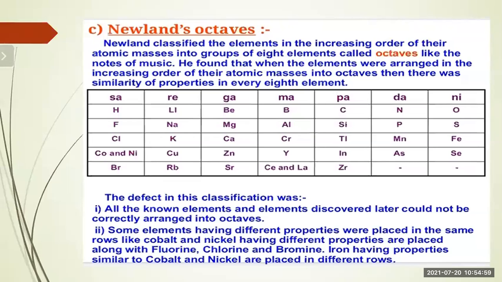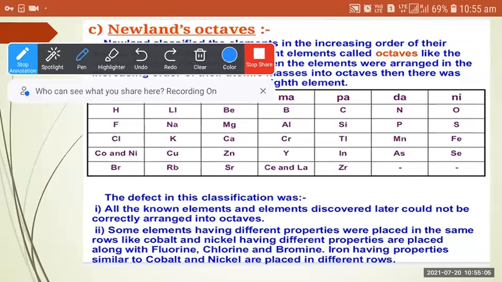Now let us see. Okay, so see here. Here you have the cobalt and nickel. This cobalt and nickel is placed along with the halogens. Now, which are the halogens over here?